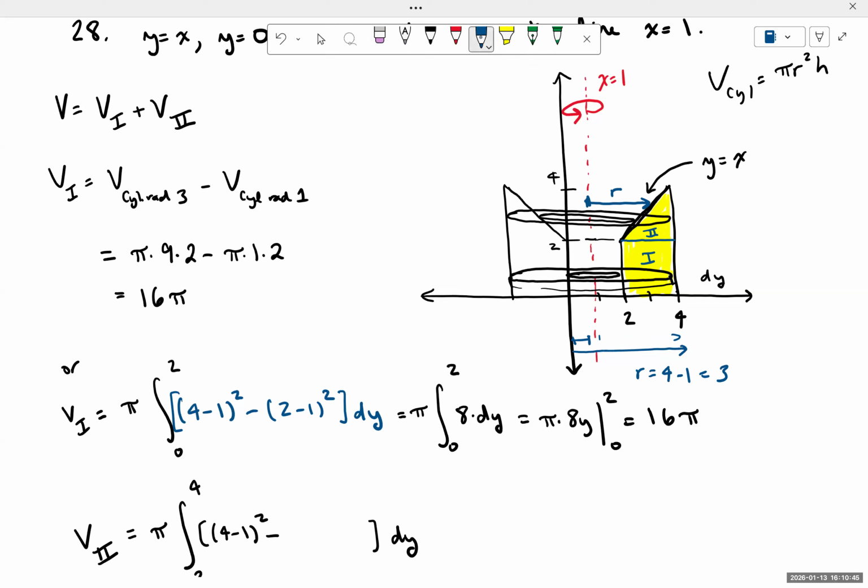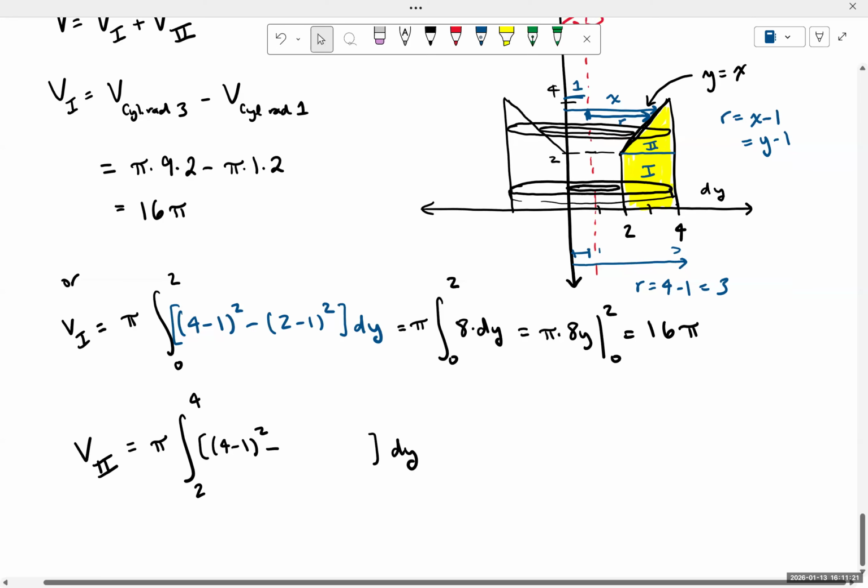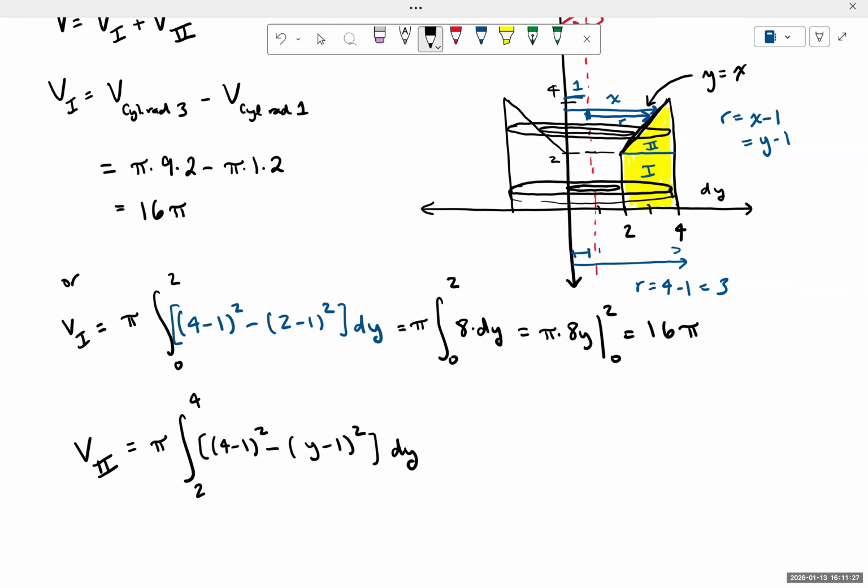Sorry about that. This is going to be r, but this whole thing is going to be x, and this piece is going to be 1. So r is x minus 1. But we need it in terms of y because we're integrating with respect to y. It turns out that my slant is just y equals x. So in that case, it becomes y minus 1, quantity squared.